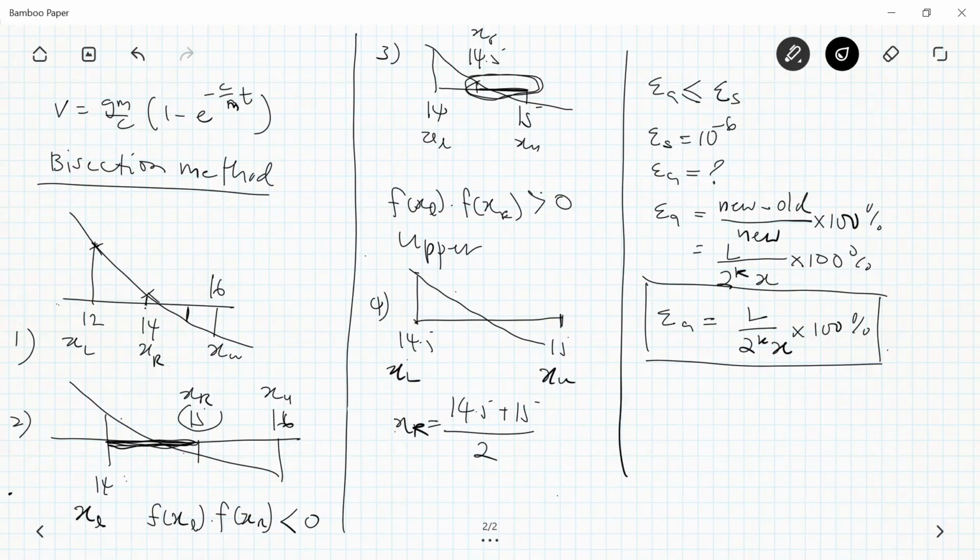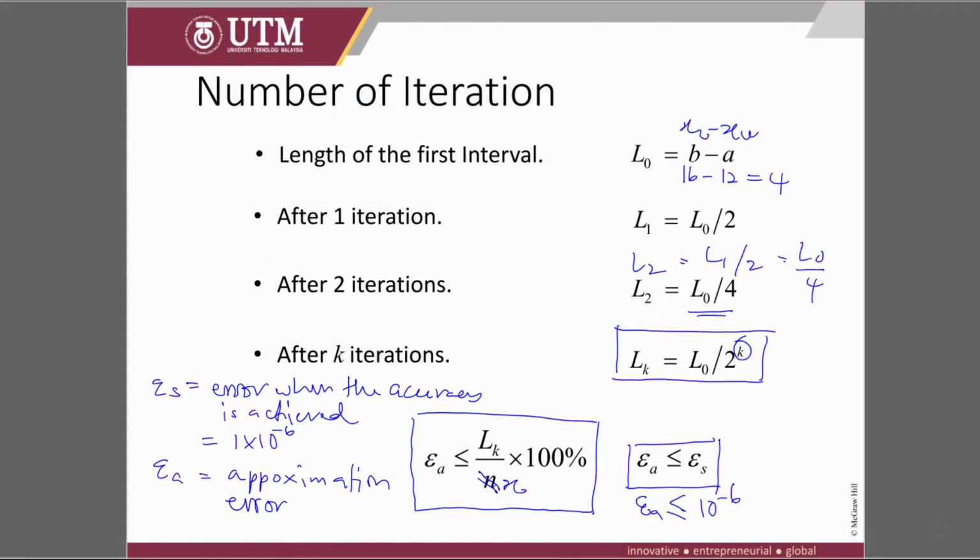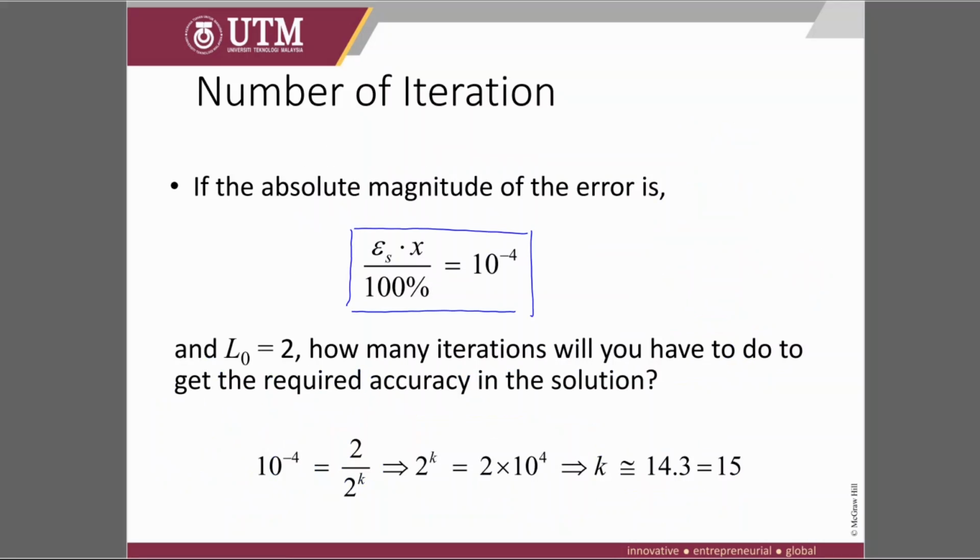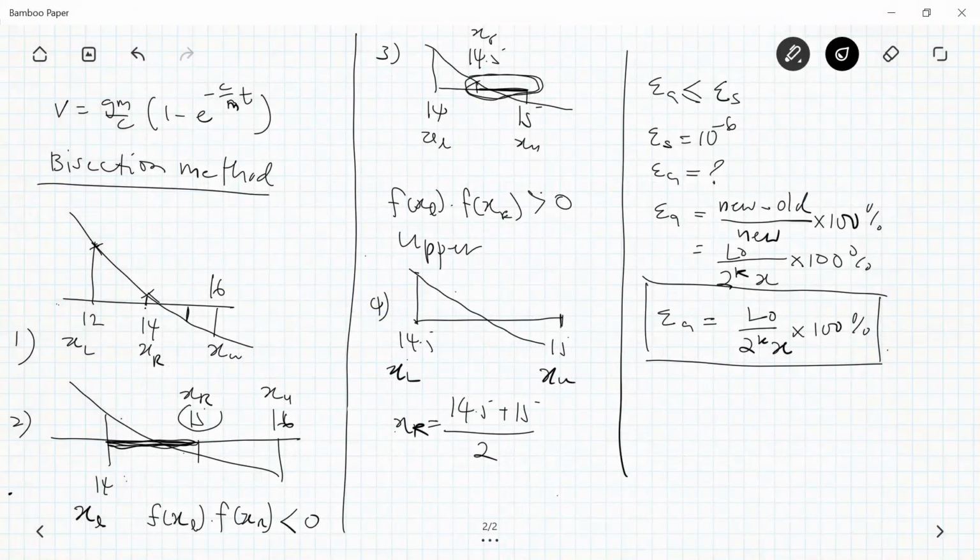Okay, before we continue, I think this one should be L naught, right? L naught. Let's double check this formula. L naught over 2 to the k, right? So, which is correct. So now let's continue with, sorry, not E, epsilon S, the stopping.